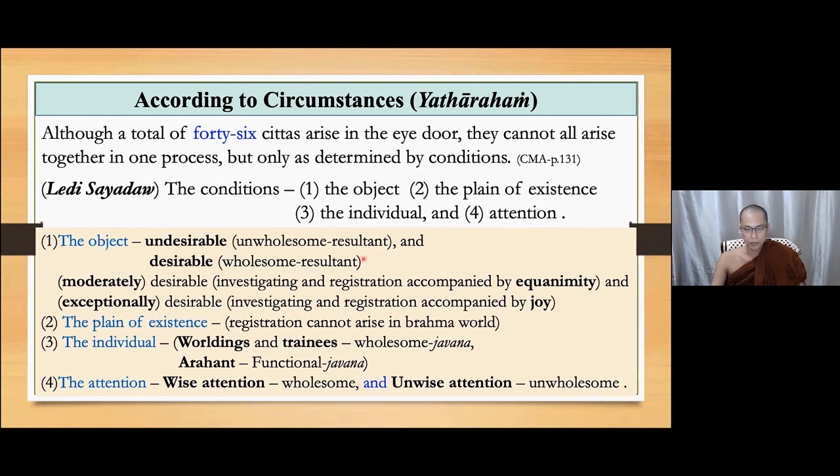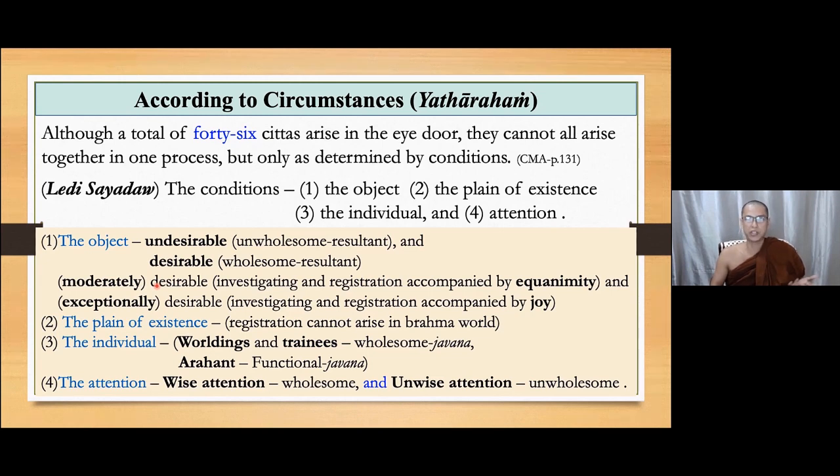So ittaramana can differ in quality, the special one being ati-ittaramana. Ittaramana refers to the moderately desirable, the ordinary one. If we use the word ati-ittaramana, it is exceptionally desirable. For example, if we see the Buddha, with a very wonderful appearance, it is very powerful as a result of our wholesome karma.